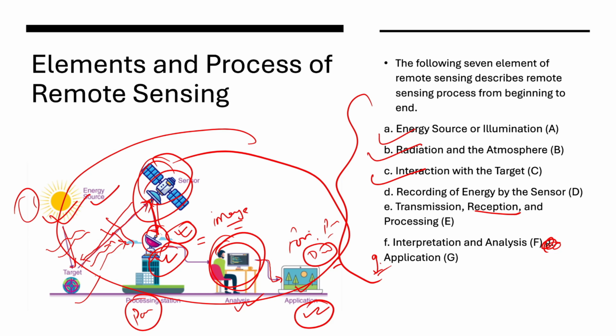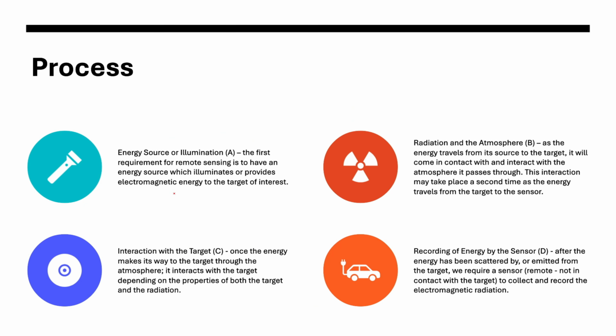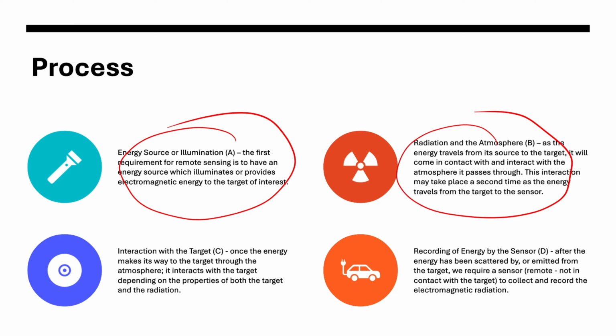I already said that all these applications are forestry, precision agriculture, disaster risk reduction, and many more applications. Okay, this is the whole explanation of each of the steps, right? Let's move on to the next step.